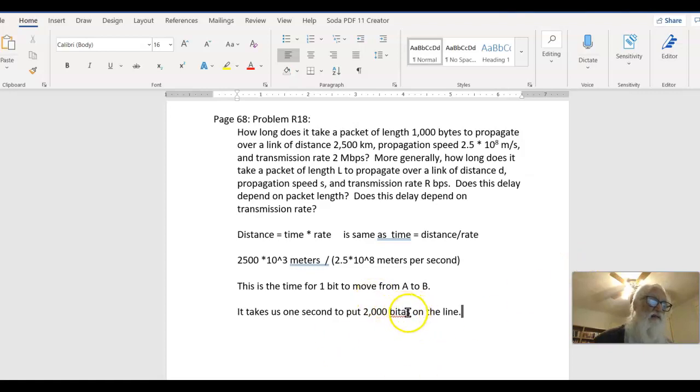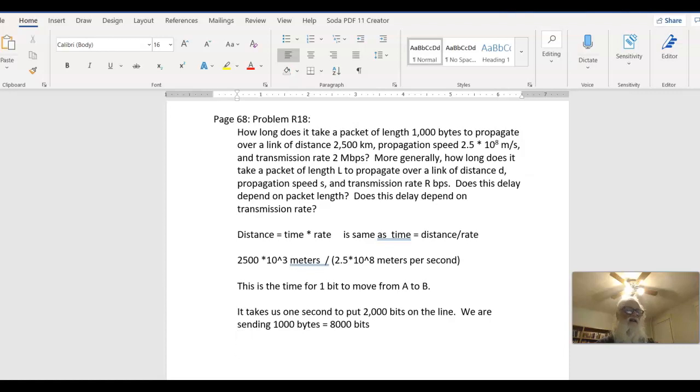That means we get them from our machine down to the medium that's sending it away. So we are sending 1,000 bytes, which is 8,000 bits.